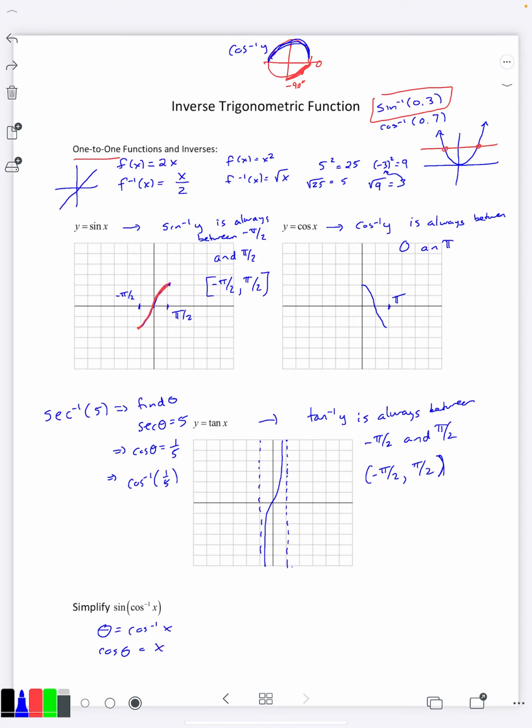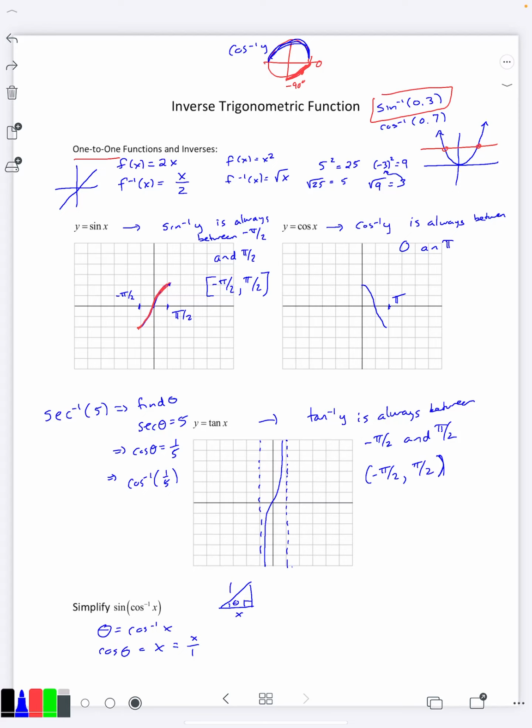Well, I'm going to rewrite x as x over 1, because cosines are fractions, and by SOHCAHTOA, that means I should have a right triangle here, where if this is my angle theta, my adjacent should be x, my hypotenuse should be 1. CAH: adjacent over hypotenuse.